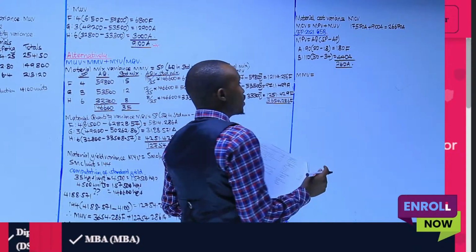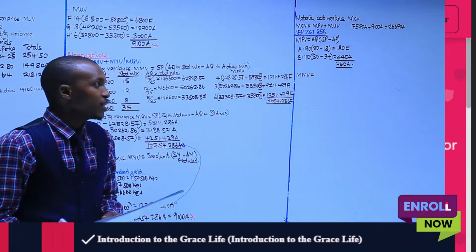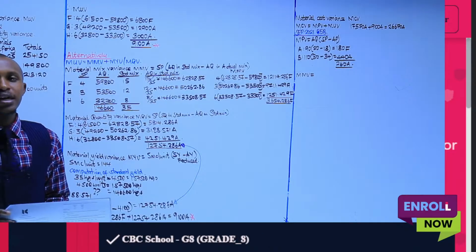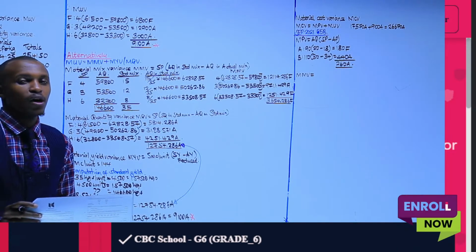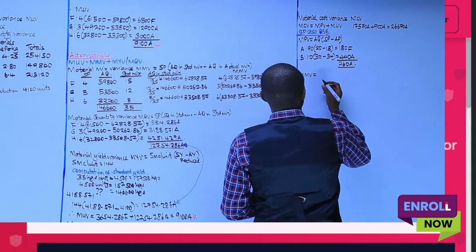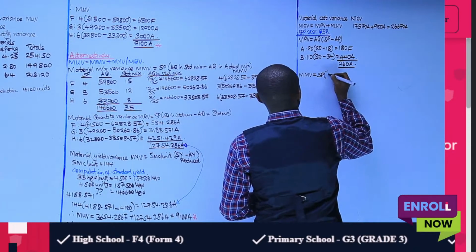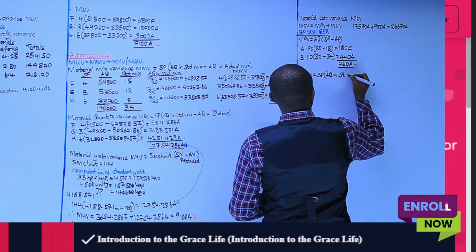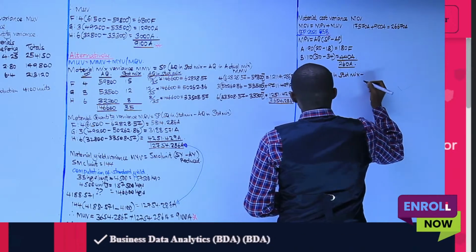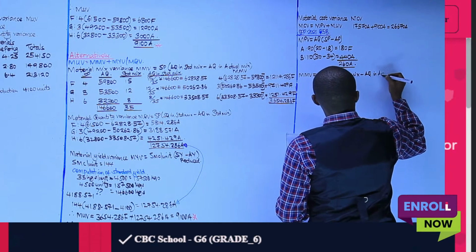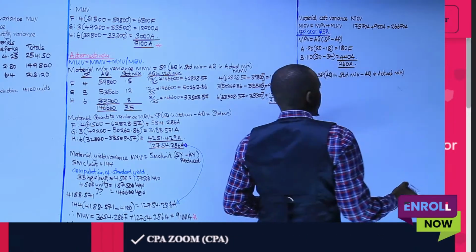And how do you get your material mix variance? You say it is your standard price, your actual quantity in standard mix minus your actual quantity in actual mix. Standard price, actual quantity in standard mix minus actual quantity in actual mix.